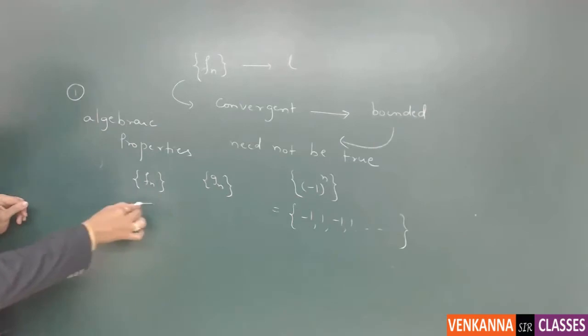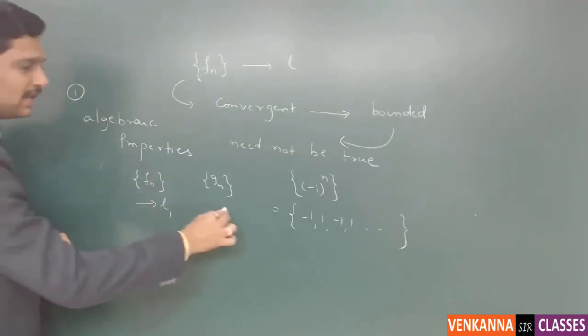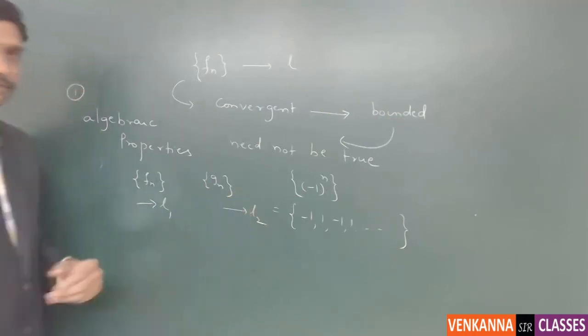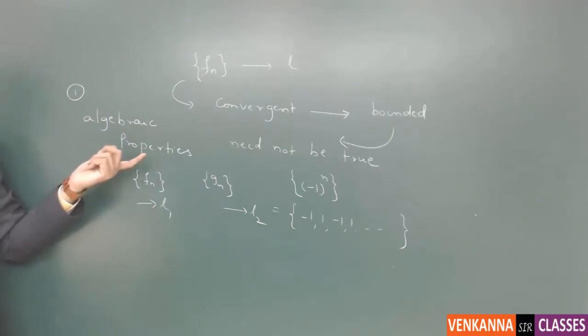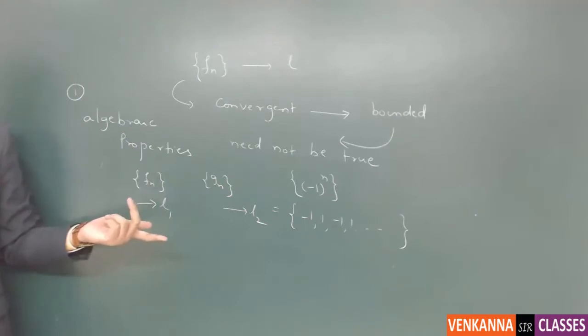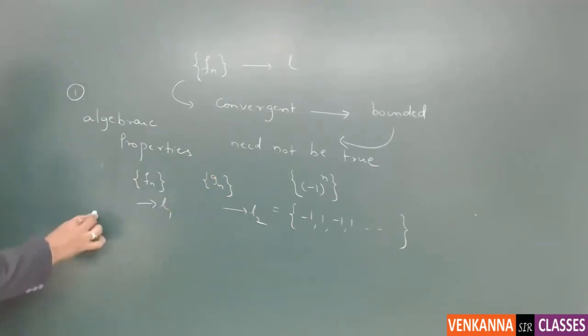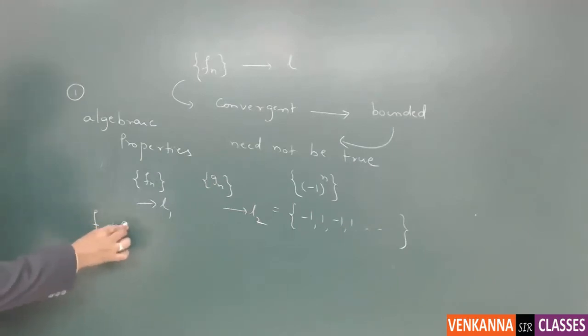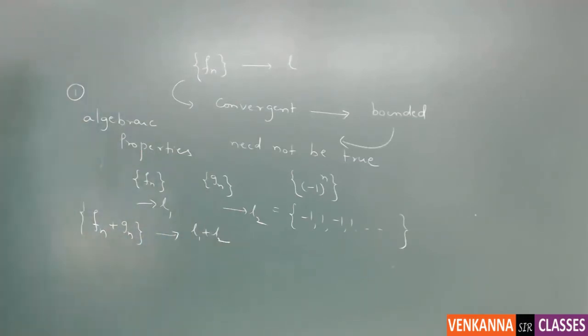Let us say Fn has limit L1 and Gn has limit L2. The algebraic property is nothing but applying the algebraic operations. You can perform addition, subtraction, division and multiplication over the sequences. If you obtain the new sequence Fn plus Gn, then it will converge to the limit L1 plus L2. Is this fine? The algebraic property?